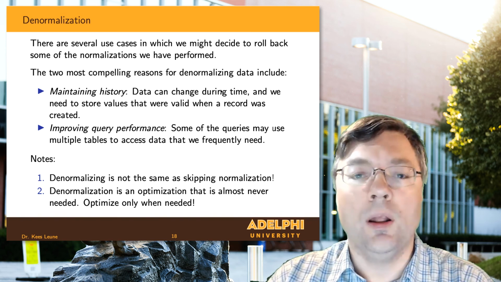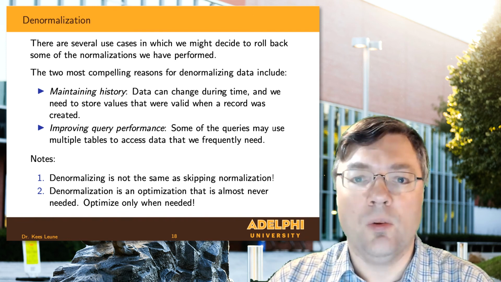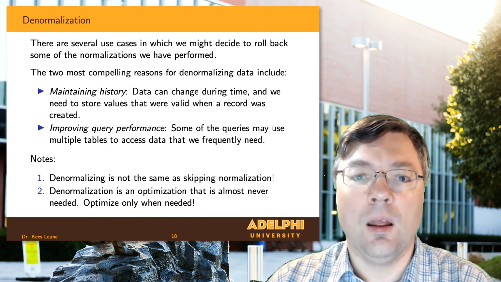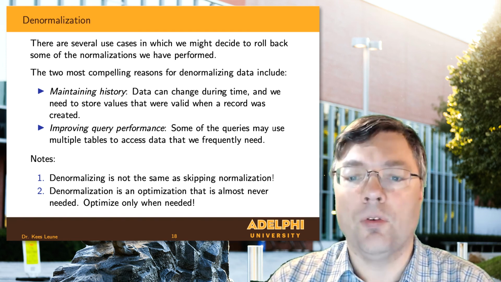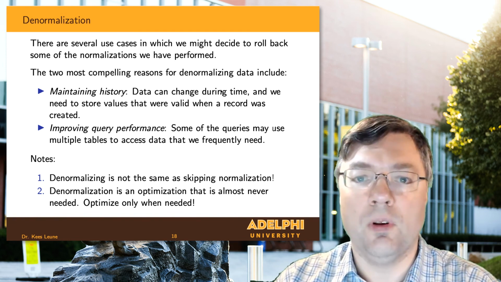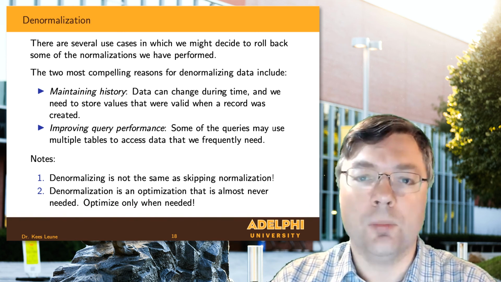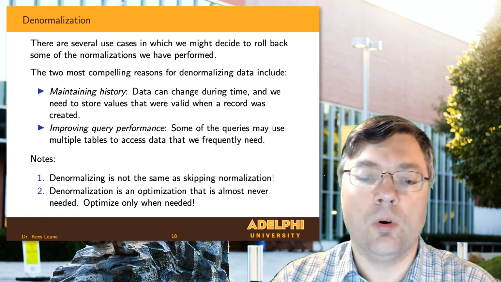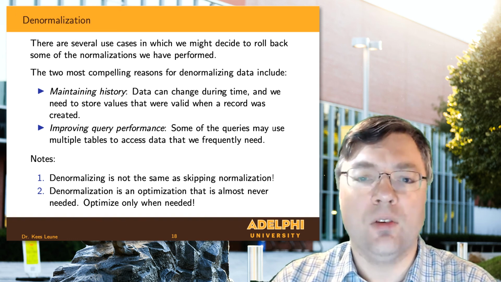Now, one, it could be for maintaining history. Sometimes you want to be able to change things, and normalization might stand in the way of that. And secondly, because everything is recorded only once, it means we have a lot of cross relationships between relations, and that does impose a computational overhead and adds complexity. So sometimes in order to increase query performance, we might denormalize as well.